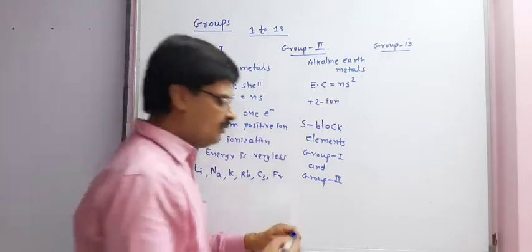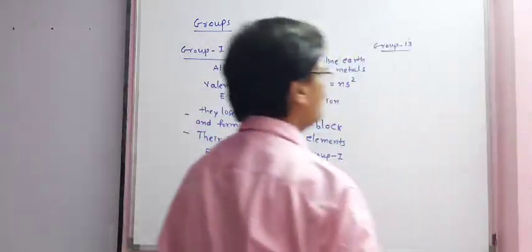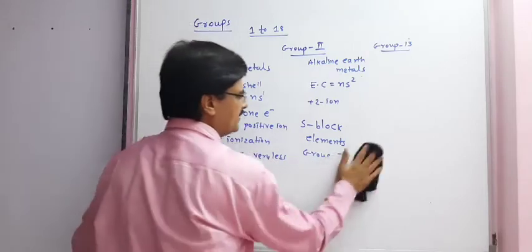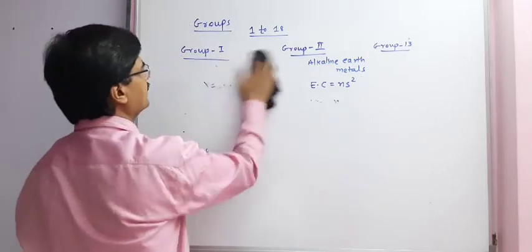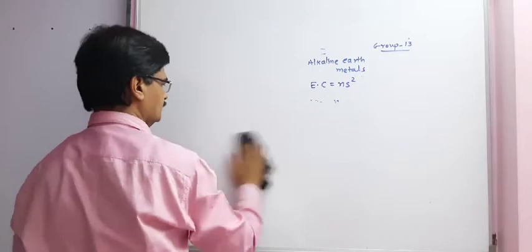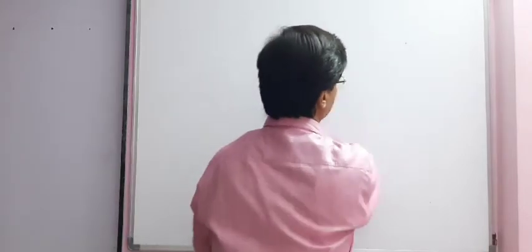Now we understand group numbers 13, 14, 15, 16, 17 and 18. Now group number 13 elements.